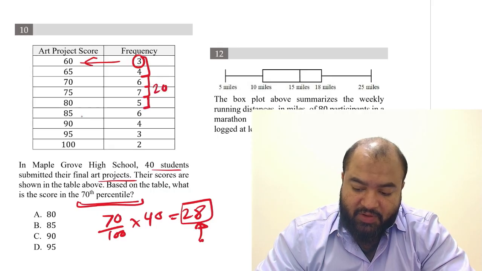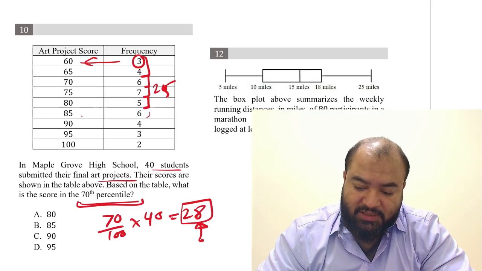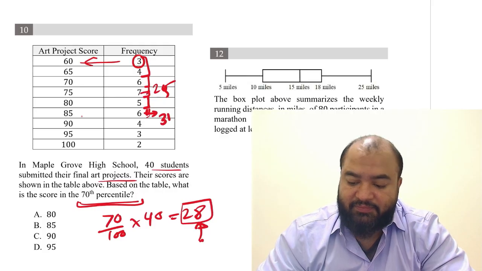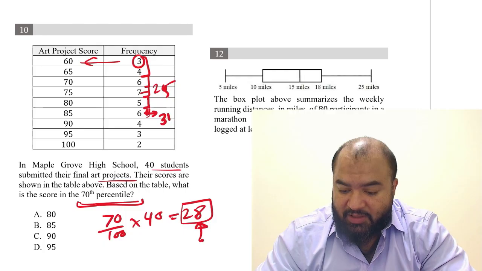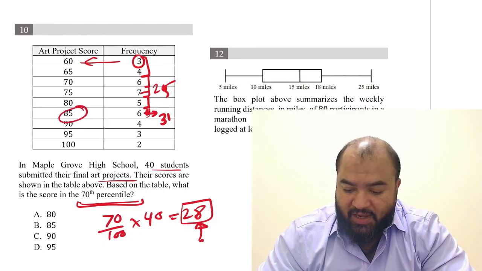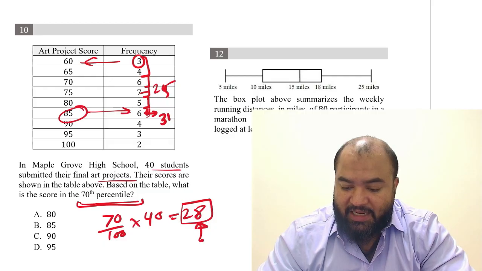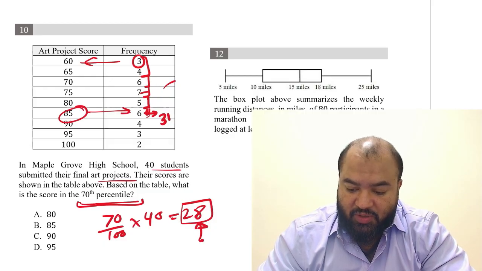And then if you add the 5, so 25. And if you add 6, so 25 plus 6 is 31. So here is 31 and 25. Between 25 and 31 falls this 85. So the 28th will fall in 85 because up to here is 25 students.